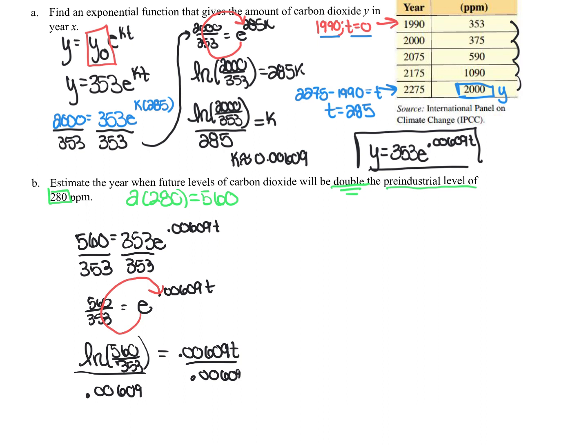So you're going to do ln of 560 divided by 353, close the parenthesis, and then divide by 0.00609. When you type that in your calculator, you should come out that t is approximately 57.8 years. Make sure you label your answer because it's in years.